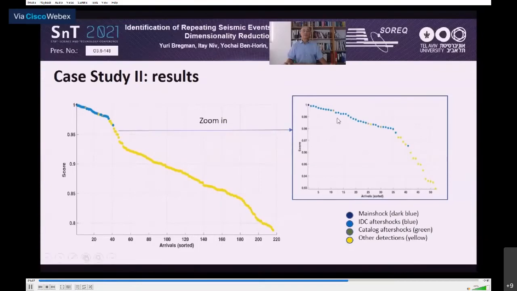Again, here are some misdetections, some false alarms, but overall, when we look at the whole plot, we see that most of the arrivals have very high scores. Even the false automatic aftershocks from cell 3 have a relatively low score and are separated from the main cluster of aftershocks.